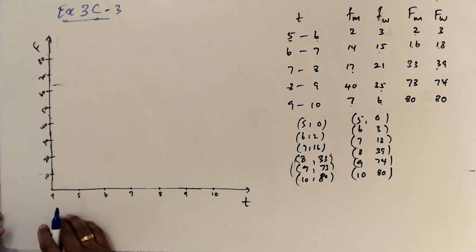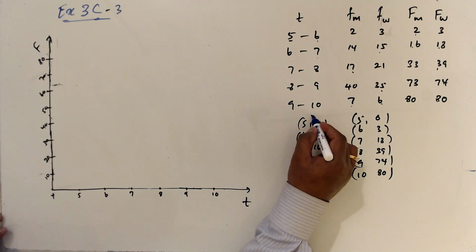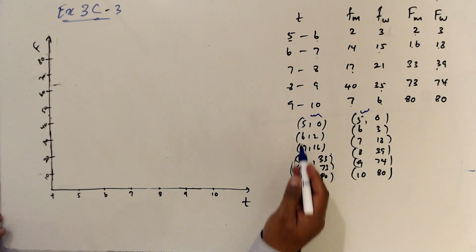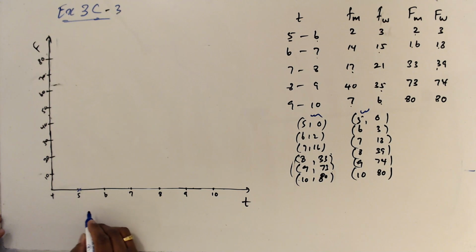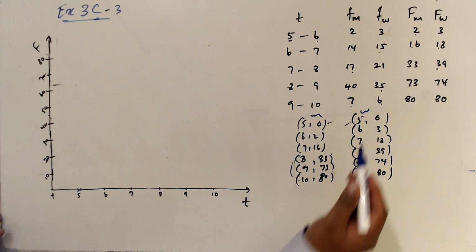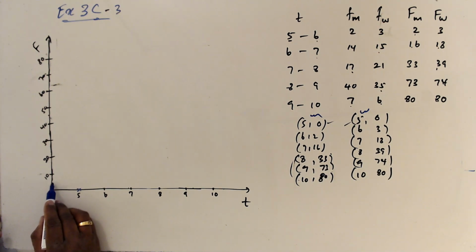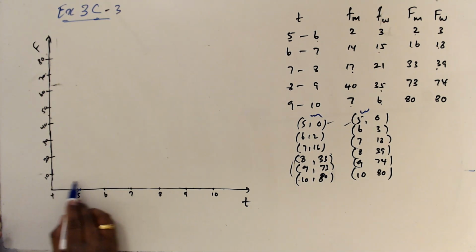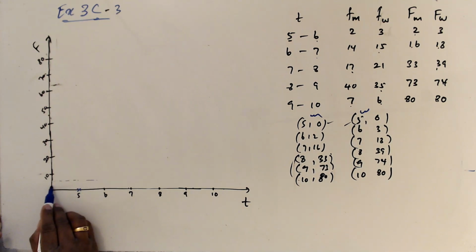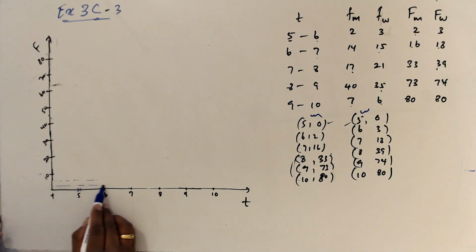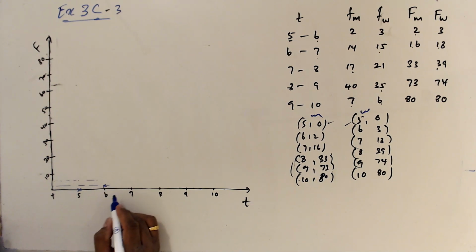Now we'll start the men and the women. Both graphs start at 5.0, and 6.2.